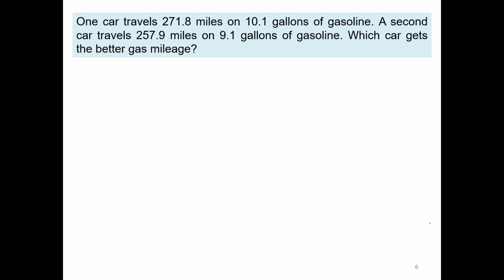of the decimal numbers. Then, in this case, we had one car that travels 271.8 miles on 10.1 gallons of gasoline. This is car one. The second car travels 257.9 miles on 9.1 gallons of gasoline.